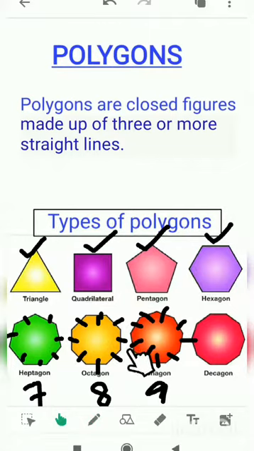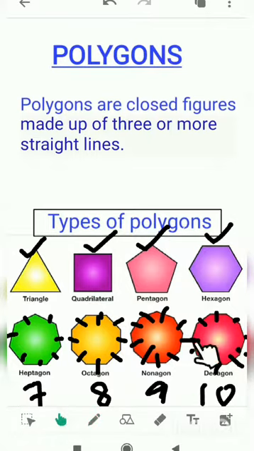A closed figure made up of 9 straight sides is known as a nonagon. The next figure: 1, 2, 3, 4, 5, 6, 7, 8, 9 and 10. 10 sides. A closed figure made up of 10 straight sides is known as a decagon.